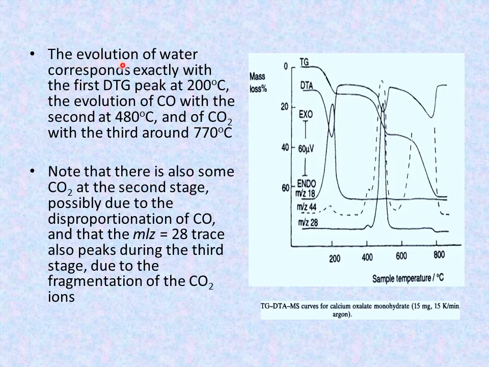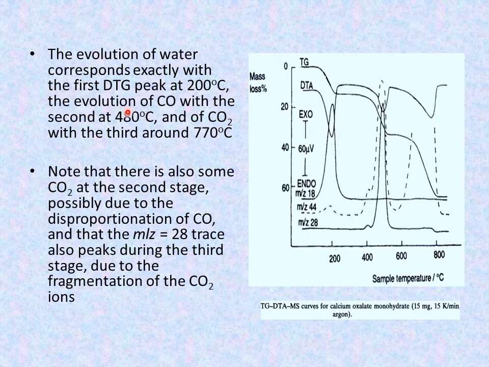The evolution of water corresponds exactly with the first DTG, that is derivative thermogravimetric, peak at 200 degrees centigrade. This DTG peak represents the removal of water, around 200 degrees centigrade, so this peak is due to removal of water vapors from the compound.